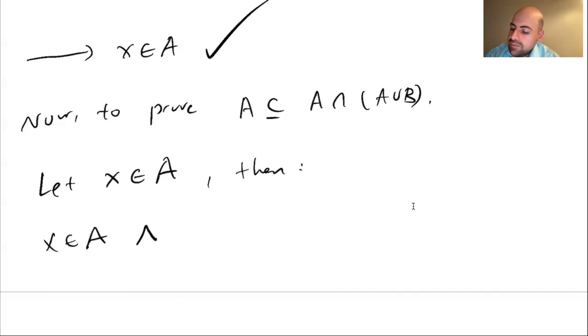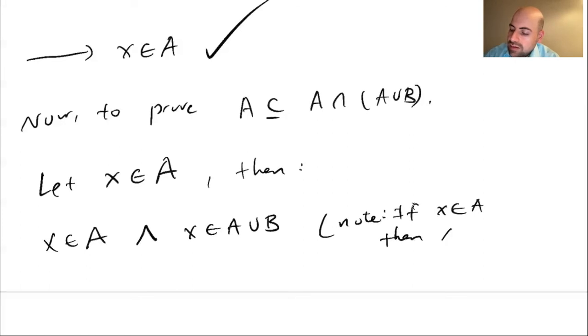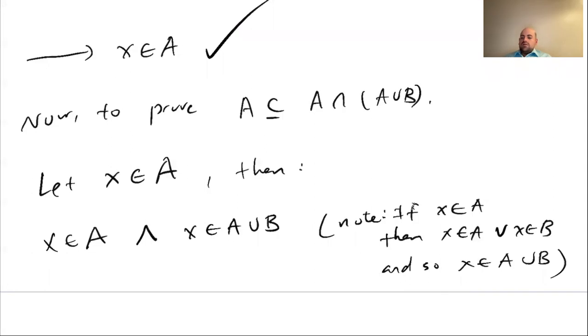And X belongs to A union B. So note, if X belongs to A, then X belongs to A or X belongs to B, and so X belongs to A union B. Look at this one: this is my assumption. I'm assuming X belongs to A. I'm claiming that this will be true.